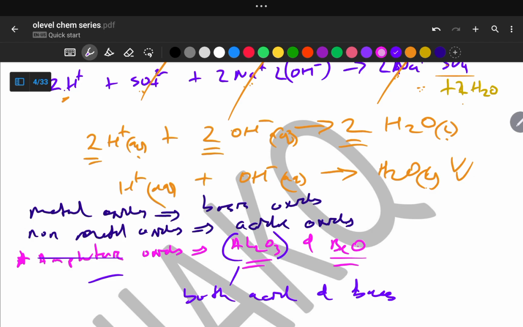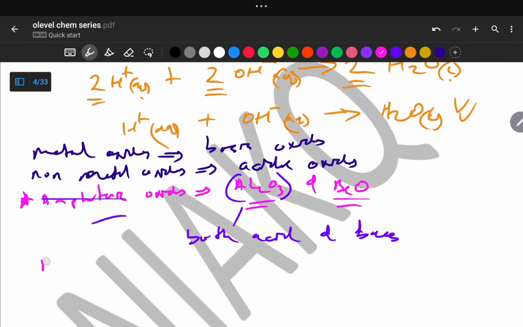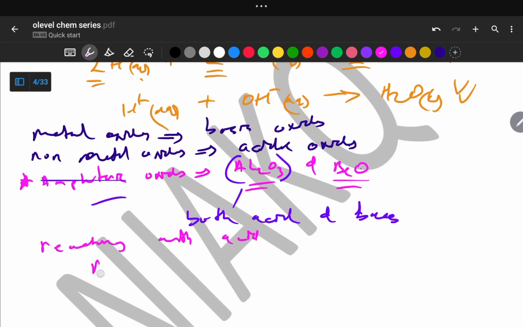So we can use aluminium oxide, and then the equations. So let us say when reacting with an acid, right? So we have aluminium oxide plus hydrochloric acid to give aluminium chloride plus water, right? So we said it is reacting with an acid, meaning to say it is acting as a base.